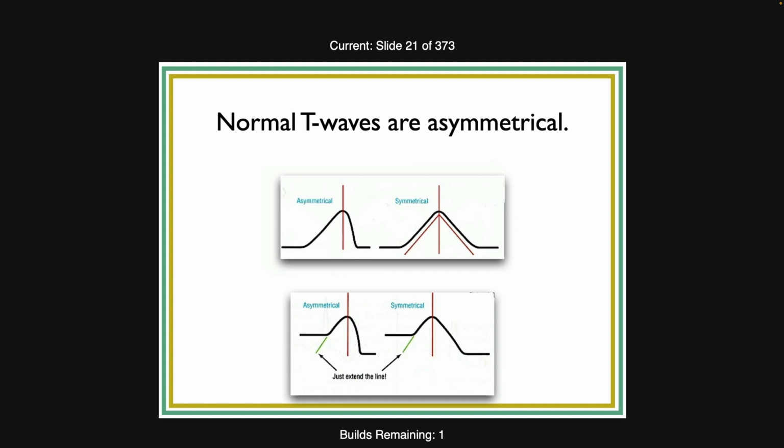That being said, even though I say this and everybody's carefully writing it down as you should, I find this less useful than you would think. And the reason is it's hard to see. You think, no, I can see asymmetry. It's really hard to see. It's really subtle.